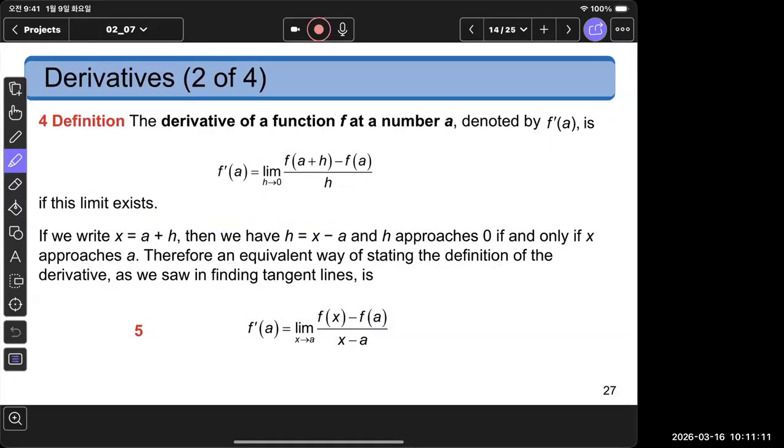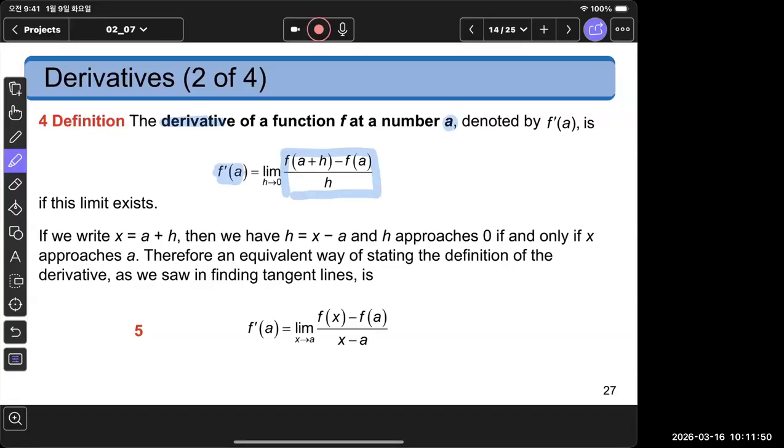In many fields of science, we consider this difference and then we let h go to 0, and if that limit exists, we use this symbol to describe that value, and in our class that value will be called the derivative of a function f at point a.